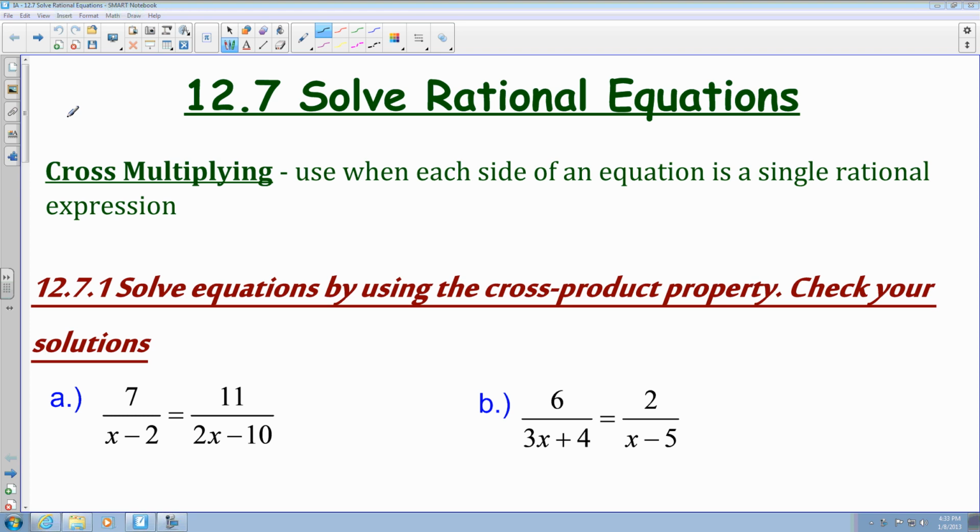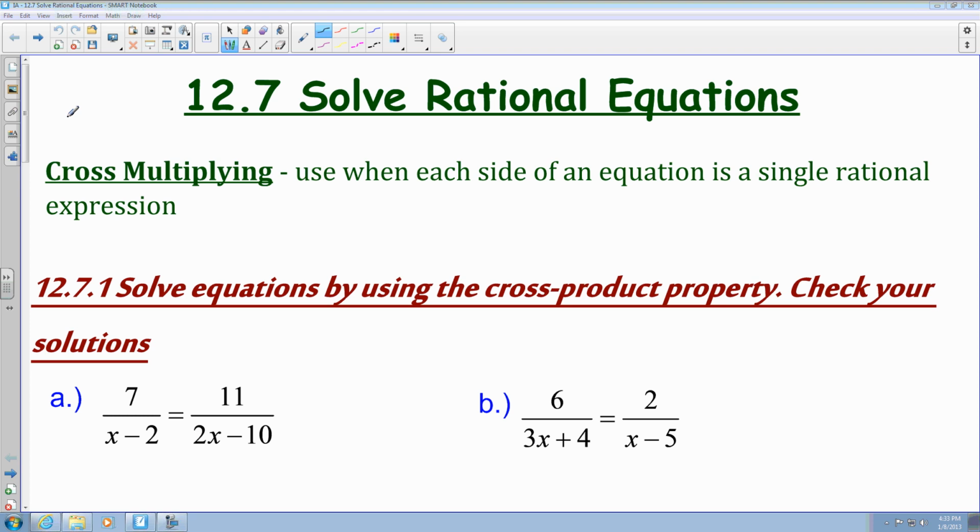Up to this point, we've been either multiplying or dividing radical expressions, or adding and subtracting. We're going to use both of those elements in this section to help us solve the equations, which in a nutshell means we're trying to find what x equals.